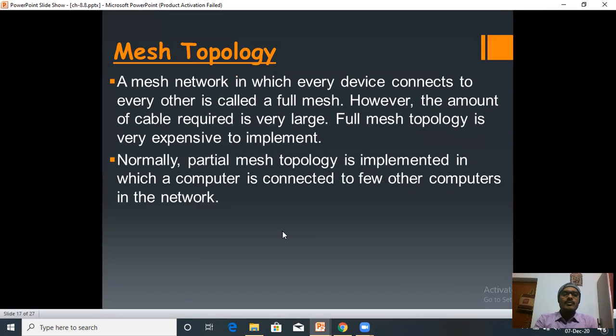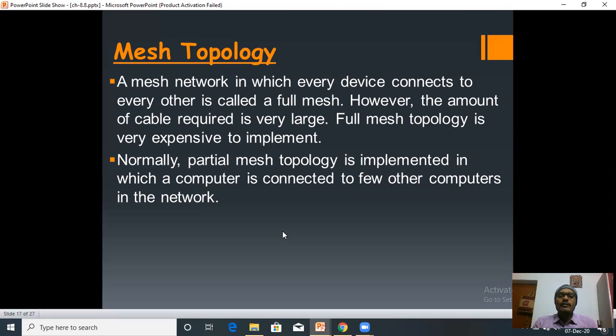Now coming to mesh topology, a mesh network in which every device connects to every other is called a full mesh. One system is connected to another system. Suppose you have 10 systems, so all the 10 systems are interconnected with each other.